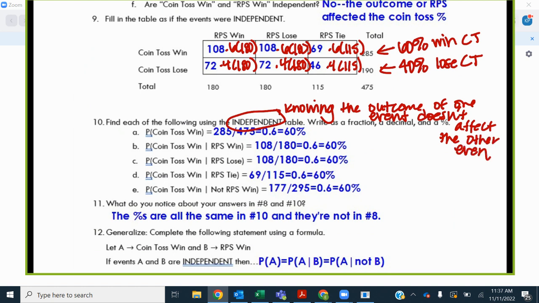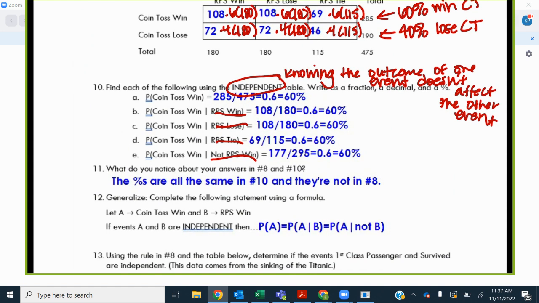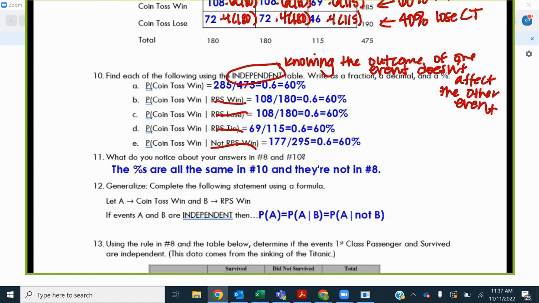So in this case, rock, paper, scissors would be one event and coin toss winning would be the other event. And if you look, no matter what happened, win, lose, tie, don't win, they all remain the same probability or percent as just winning the coin toss in the first place. So that rock, paper, scissors game had no impact on the coin toss.